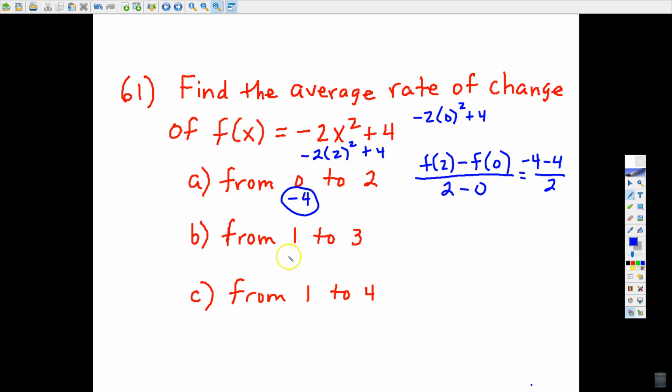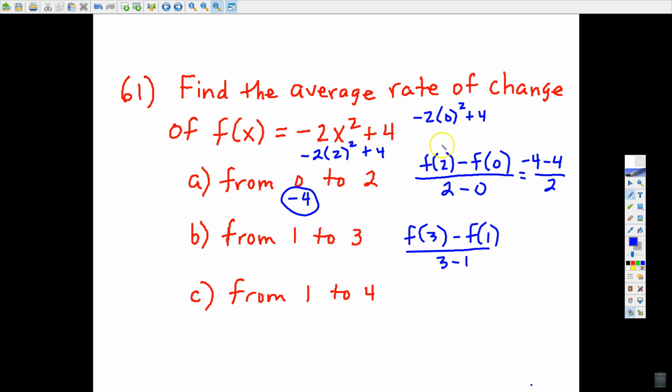Okay. Letter B, same idea. You're going to do f of 3 minus f of 1 divided by 3 minus 1. Just like you learned earlier when you did the rate of change for a line. It's the delta y over delta x. The change in the y's, we're calling it f of 3 and f of 1, but same principle.